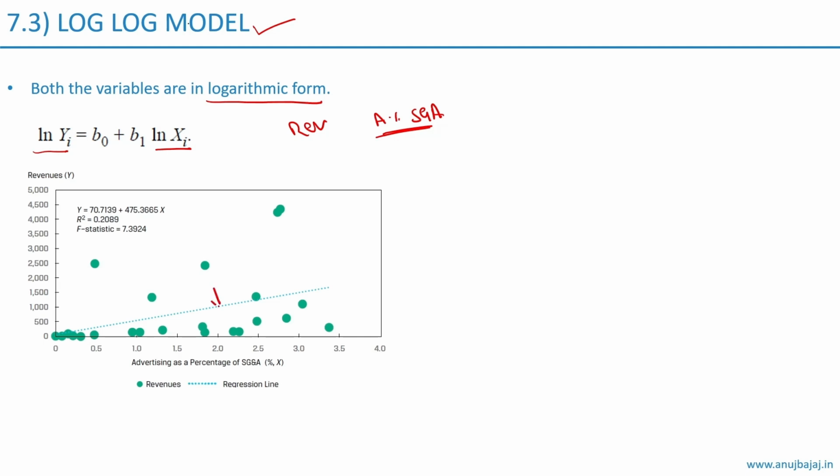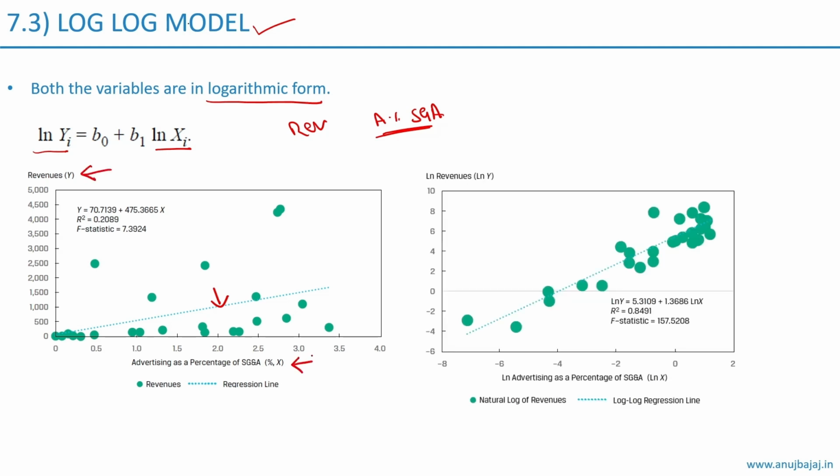Definitely the linear regression line doesn't do a good job of predicting the dependent variable. Now let us convert both the variables in logarithmic form. And this is how the scatter plot looks. And here we can directly compare the Lin model against the log model.